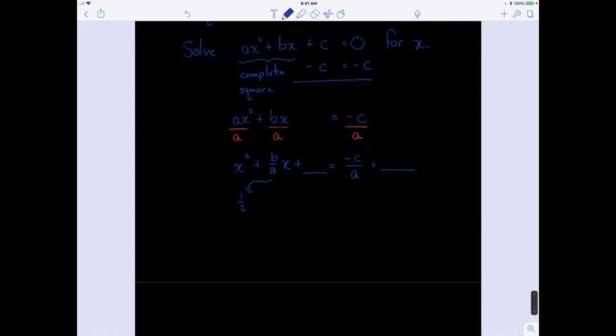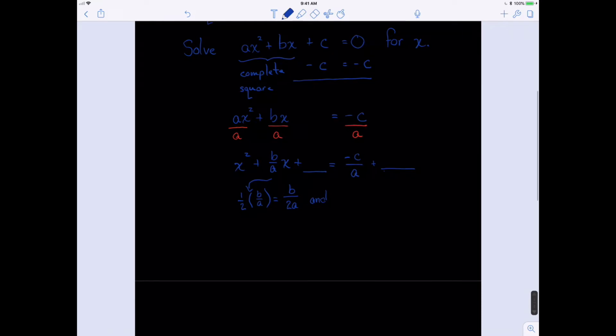That term is b divided by a, so this gives b over 2a. In order to fill in the blanks, we need that value squared. So we take b, divide it by 2a, and square it.